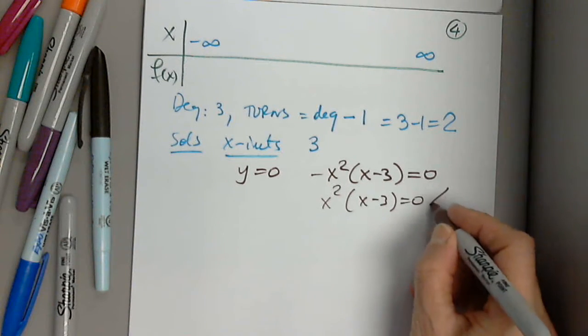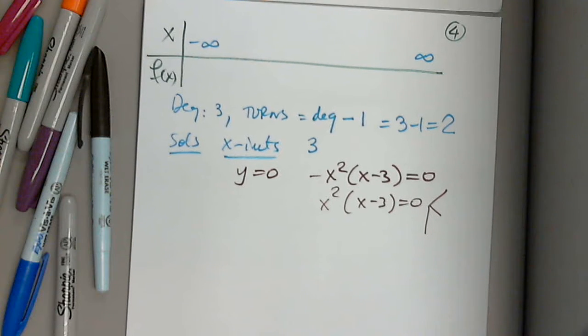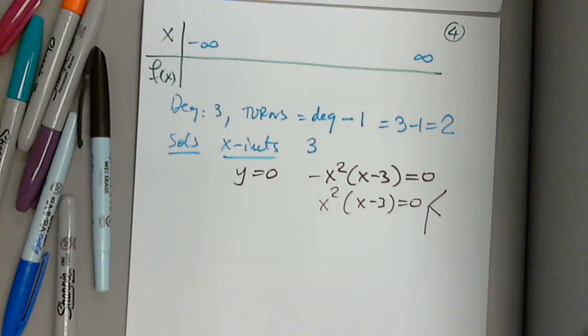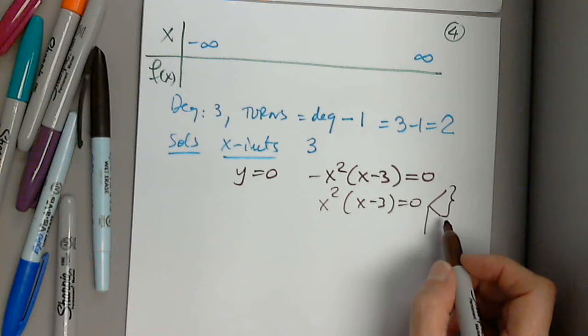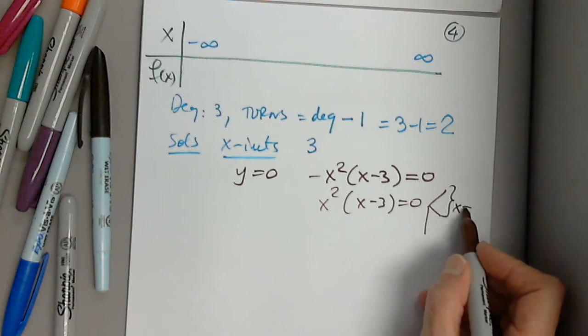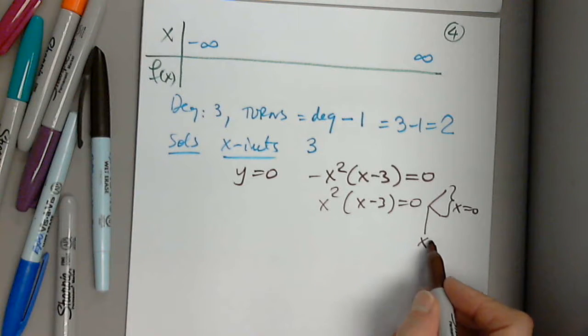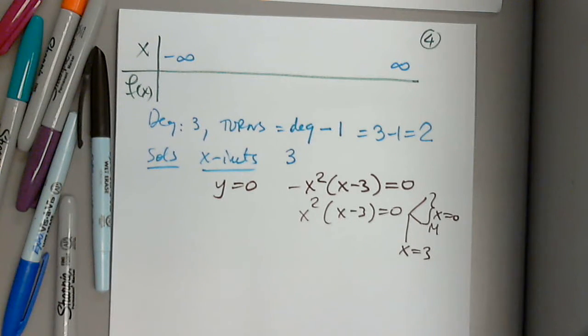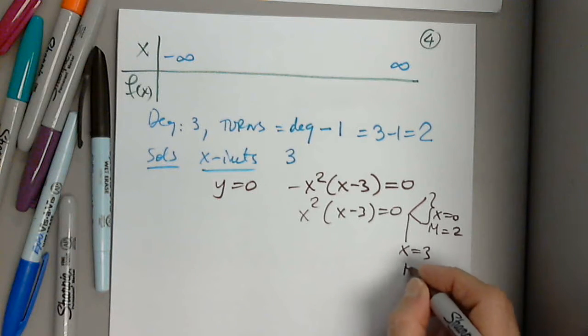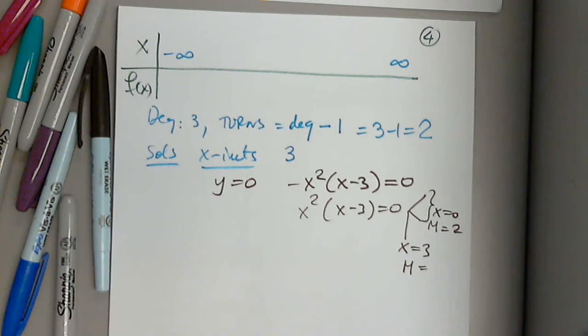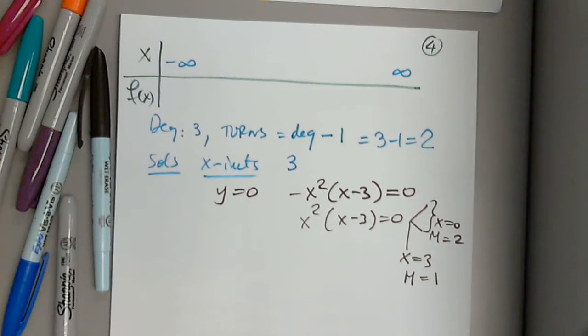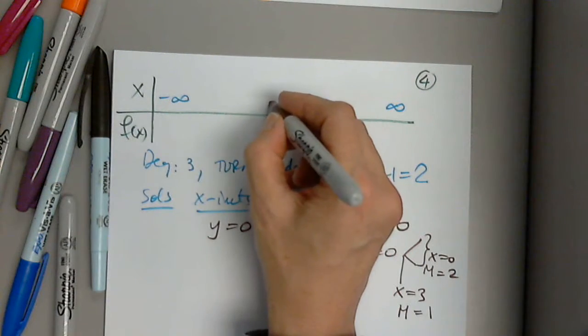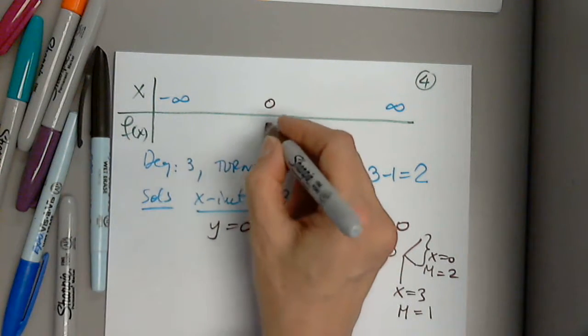And again, how many solutions do I have to present? Good. 2 of them are? Very good. And the other one is? Good. What is the multiplicity of 0? 2. What is the multiplicity for x equals 3? I go back to the table and I put 0, 0.